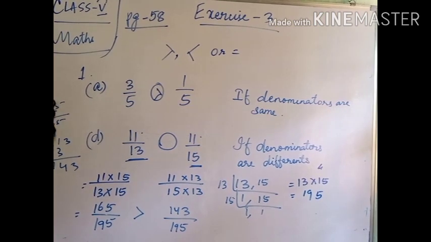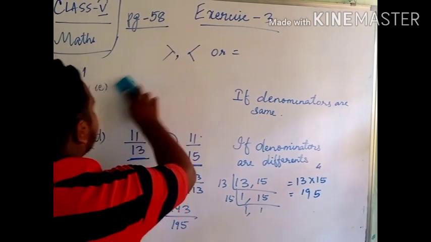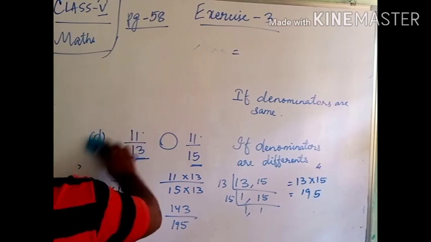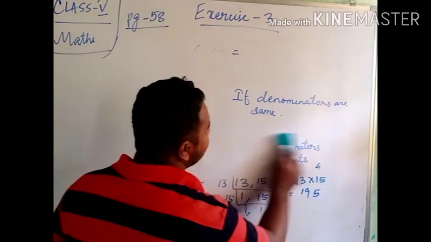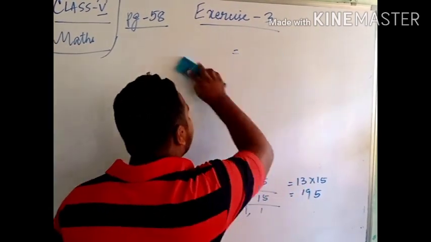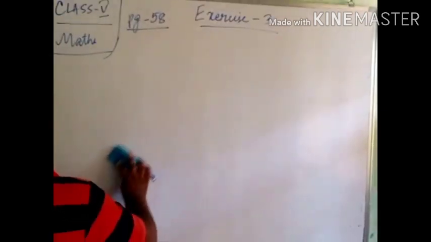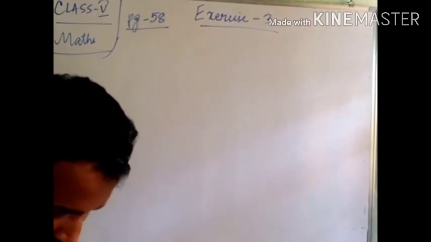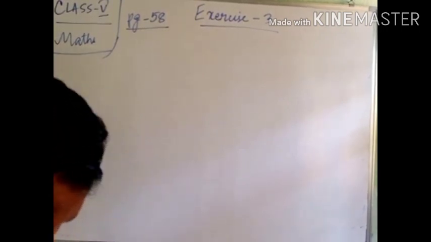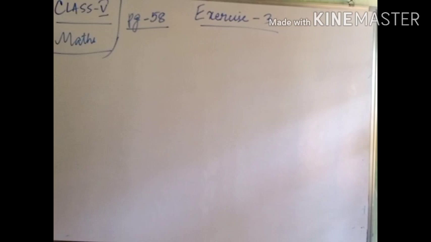Then 3rd number, write the 2nd number. Write every question in ascending order. Ascending means small to big. Okay, so here also we will use the same method.